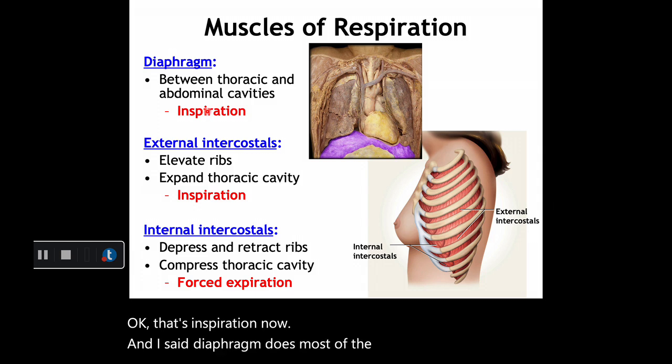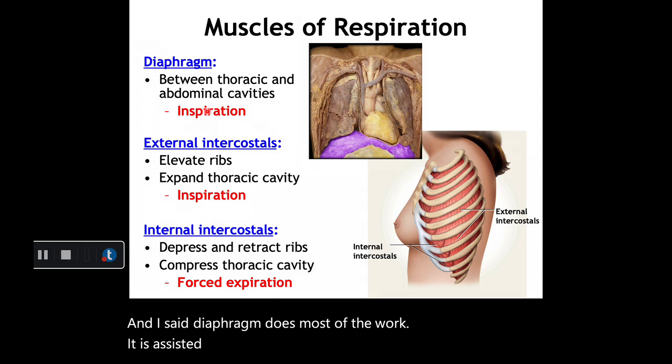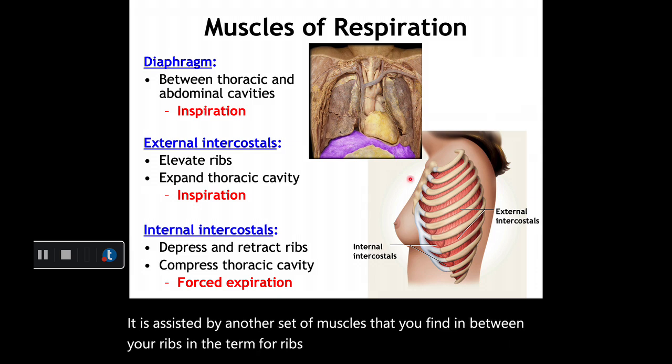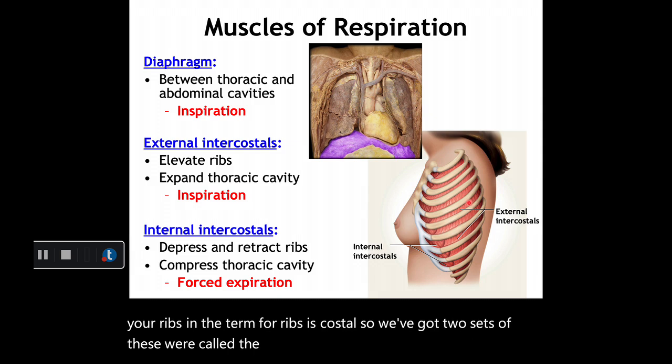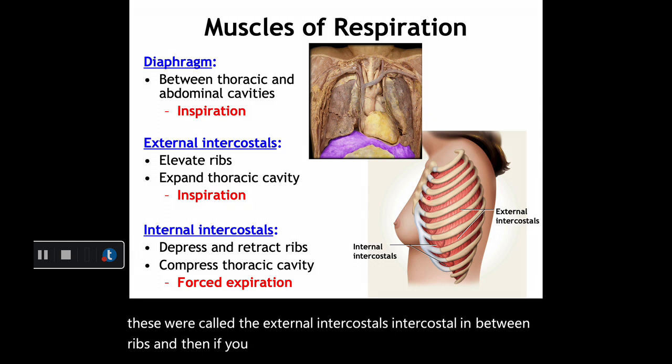Now, as I said, the diaphragm does most of the work. It is assisted by another set of muscles that you find in between your ribs. The term for ribs is costal. So we've got two sets of these. There are the external intercostals in between ribs, and if you look deep to that, you have the internal intercostals.